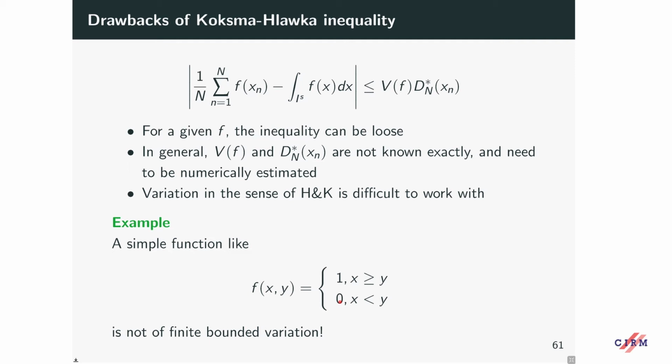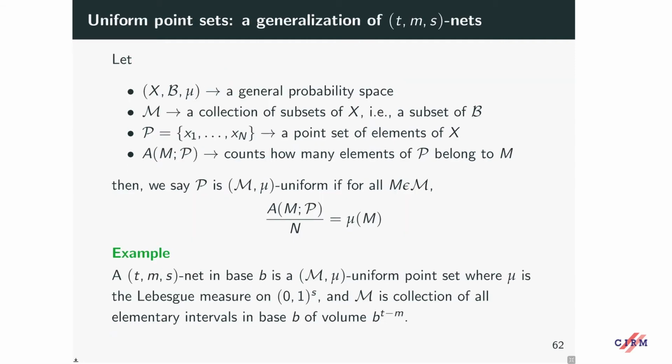This function has infinite variation in the sense of Hardy and Krauss. The inequality does not apply. So does that mean we cannot numerically approximate the integral using low-discrepancy sequences? Well, that we can. We just did the numerics. We would see that we get a very good approximation to the integral.